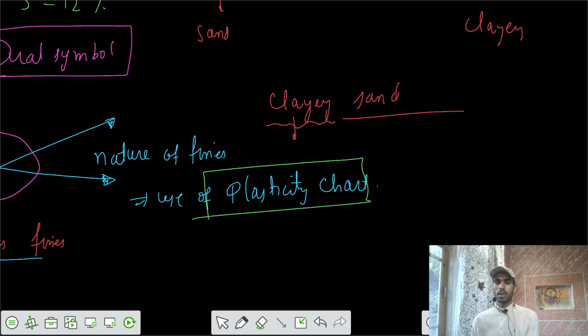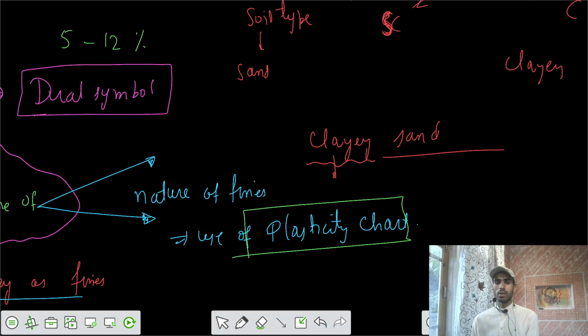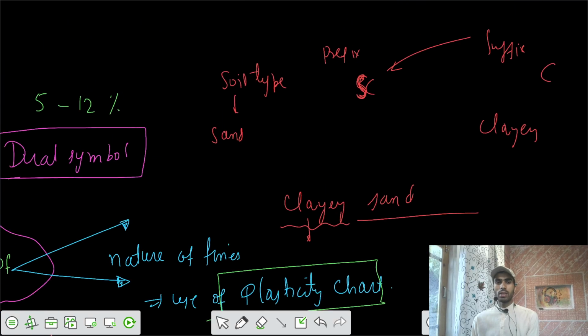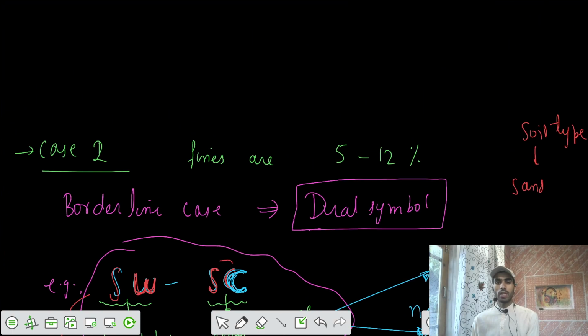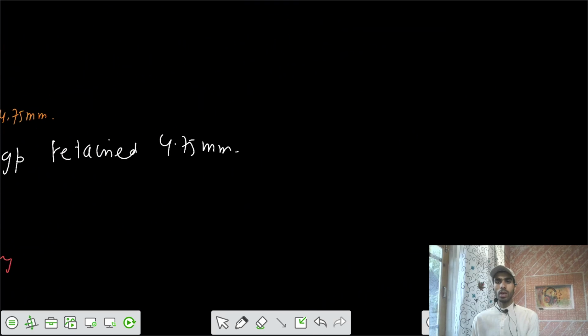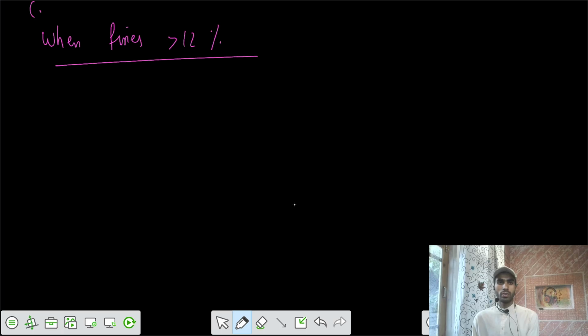As in the earlier case for your fine grained soil, we can do that. And similarly, let's say case 3 is when fines are greater than 12%. This is case 3 of the coarse grain classification.